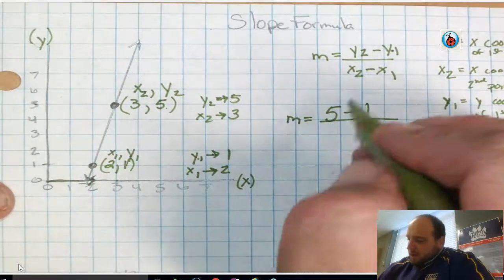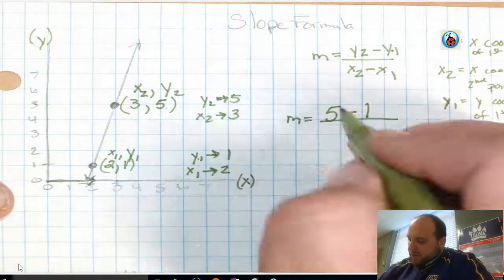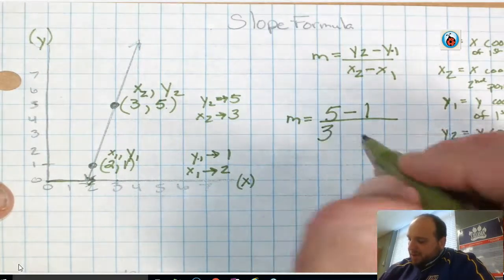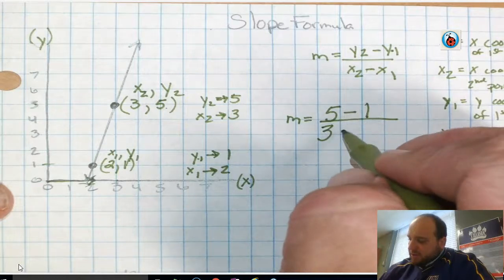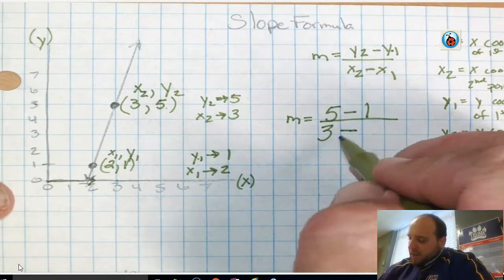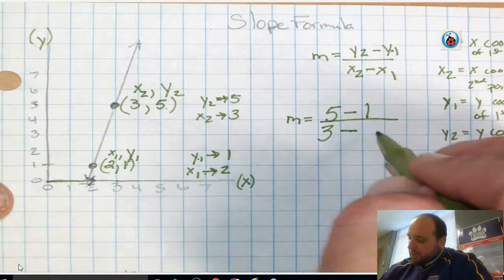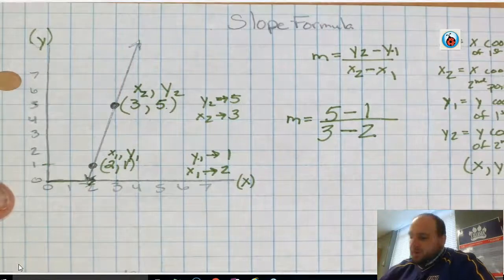Next, on the bottom, I'm going to do the x2 coordinate. x2 was a 3, so I'm going to put a 3 down below that 5. Notice how those are the 2 coordinates for the second point. And then the x1 was 1, or sorry, it was 2. So I'm going to put a 2 in there.